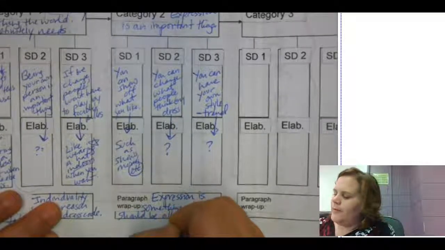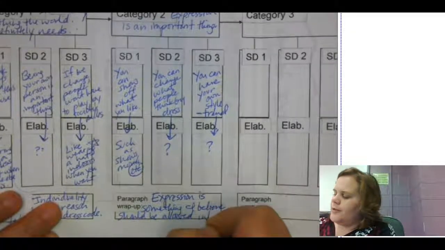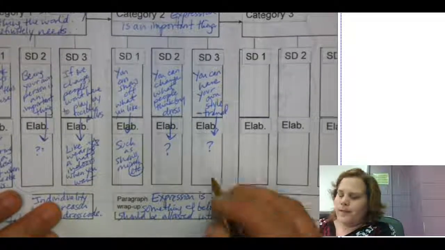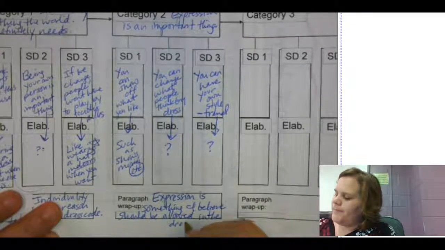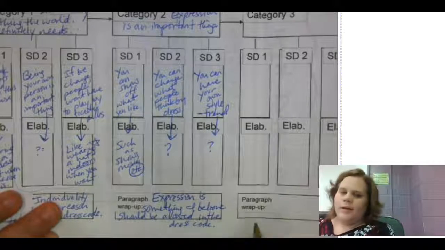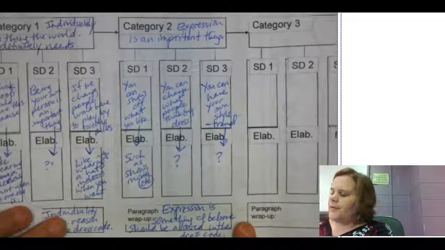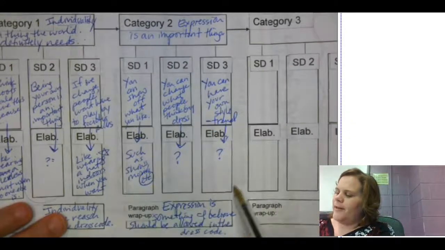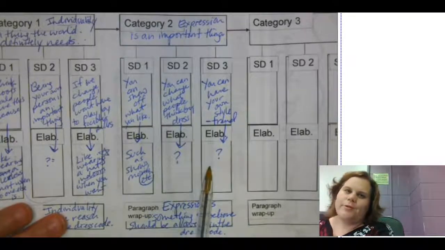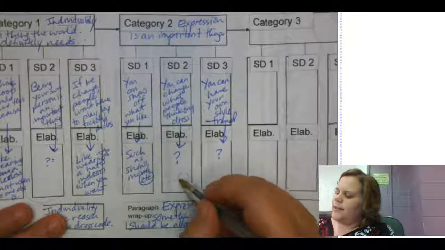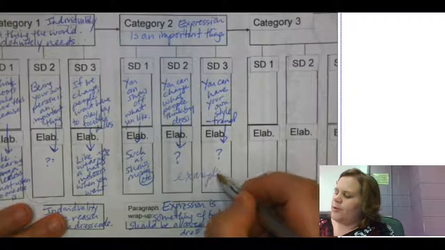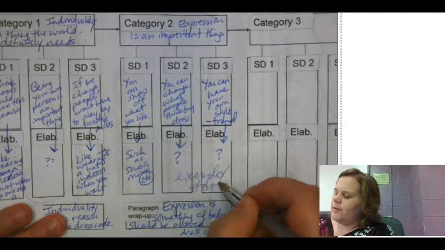And I know I write pretty fast. If you need to slow down, just pause me. Okay, so far this paragraph, we might evaluate that it's organized, but it needs actual elaboration. It needs actual examples or stories or something.